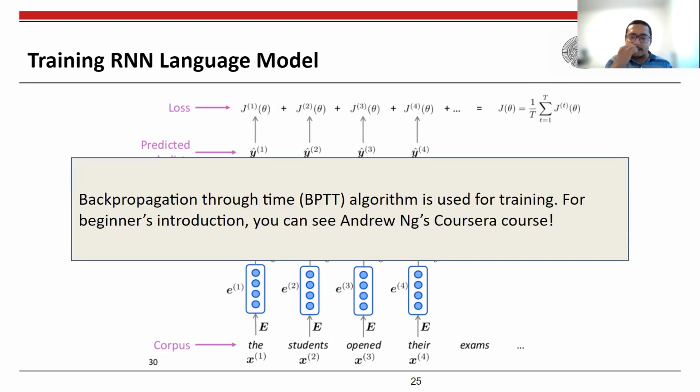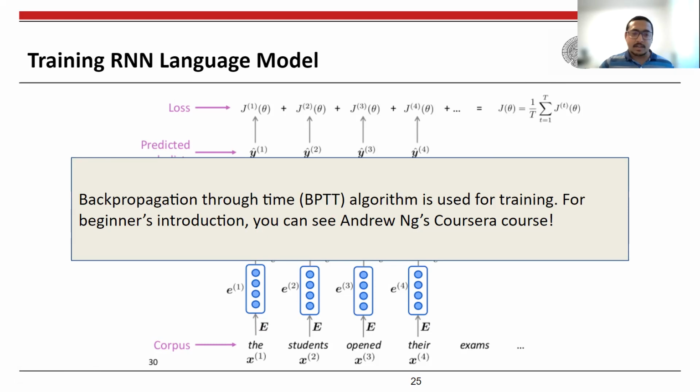And this process of training a recurrent neural network is called backpropagation through time. Because there is a temporal aspect in your model, this is a different approach for backpropagation. I hope you have heard about backpropagation for learning neural networks.